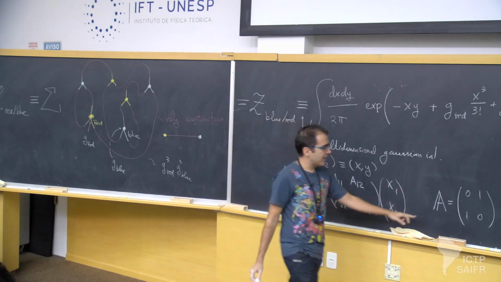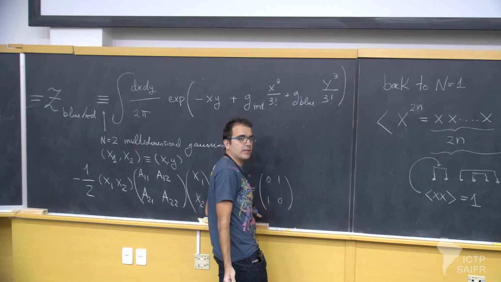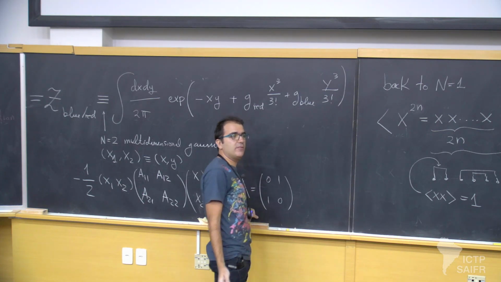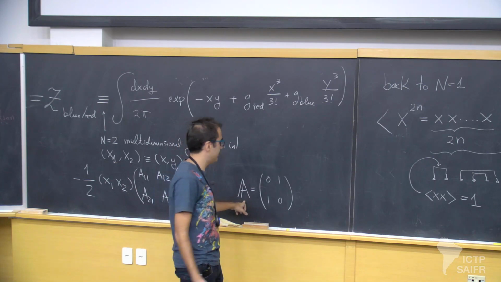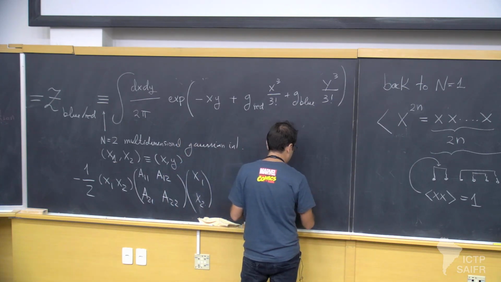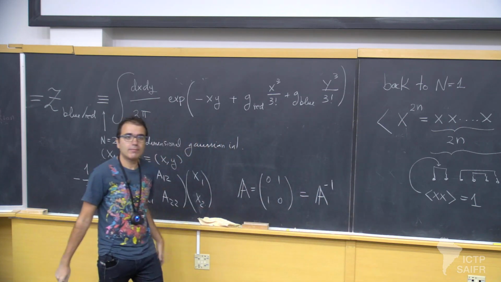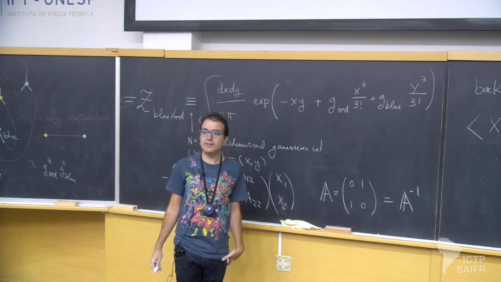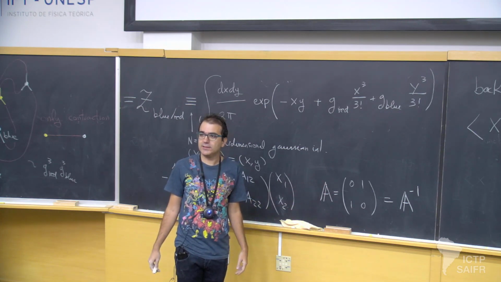But this matrix A, what does it mean? So we have to compute the inverse of the matrix A. But what's the inverse of the matrix A? It's the same in this case. So this matrix is also equal to its inverse. If you multiply sigma x times sigma x, you get the identity.